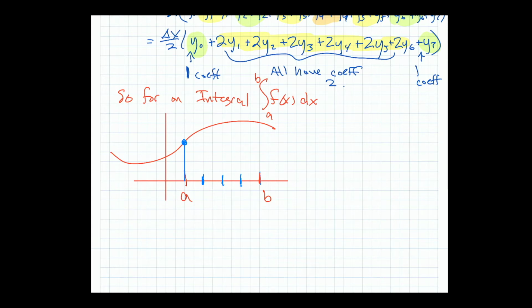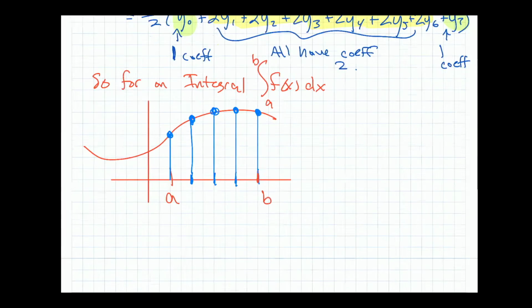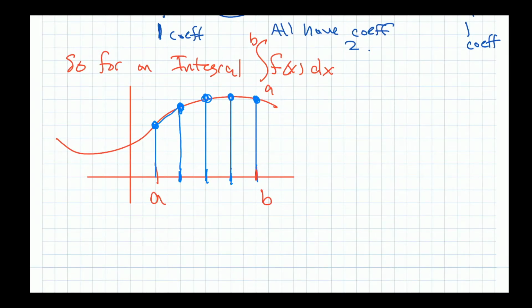If you do these trapezoids where you get these heights here, like that, and then for the top of the trapezoids you connect those with a straight line, stop making that level. It just wants to snap.